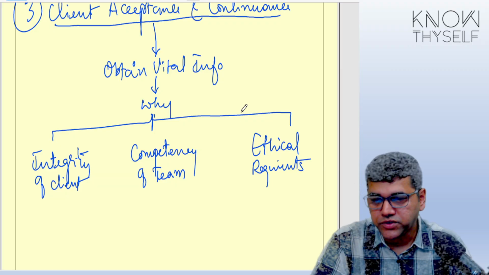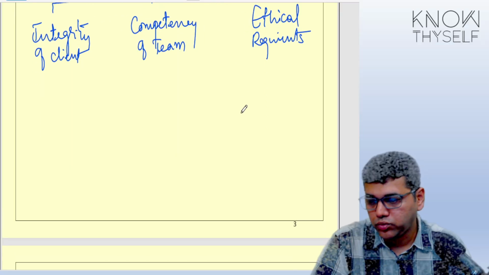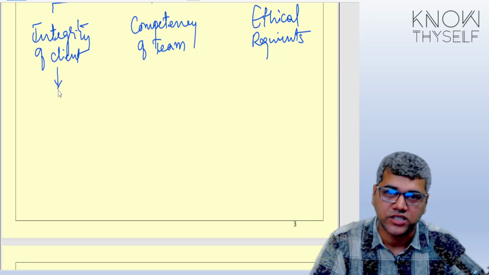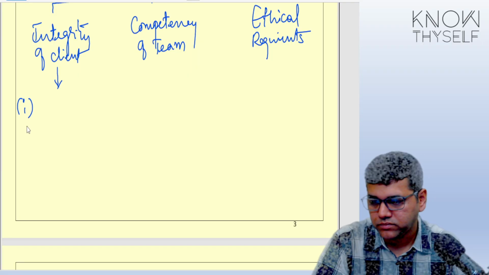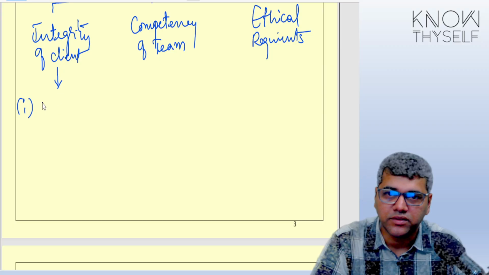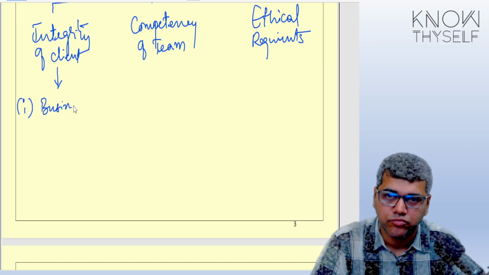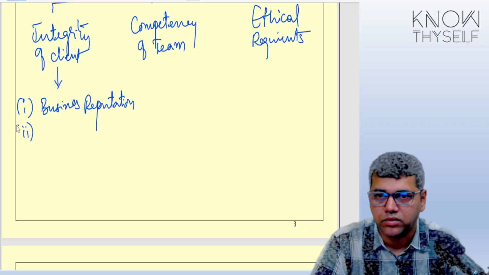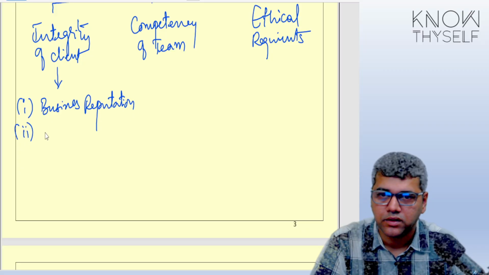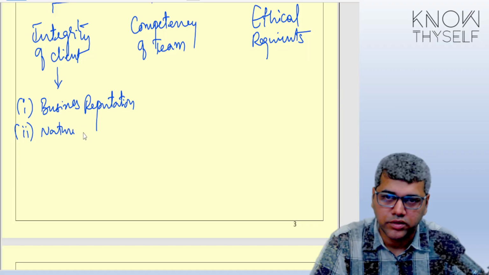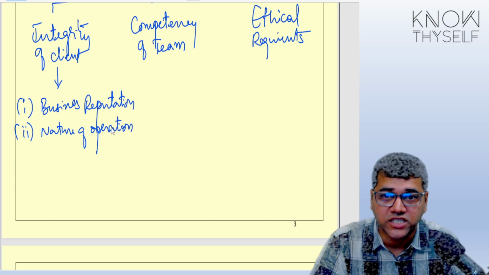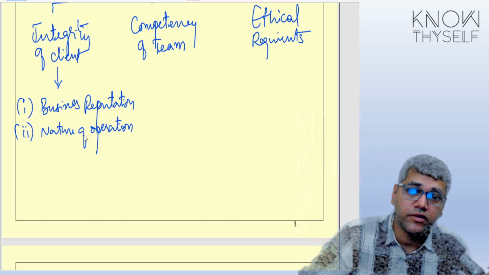Now one question comes, what are the factors you consider for the integrity of the client? One, business reputation. Two, nature of operation, because somebody is into a cash-rich operation, somebody's operation is in a faraway country.